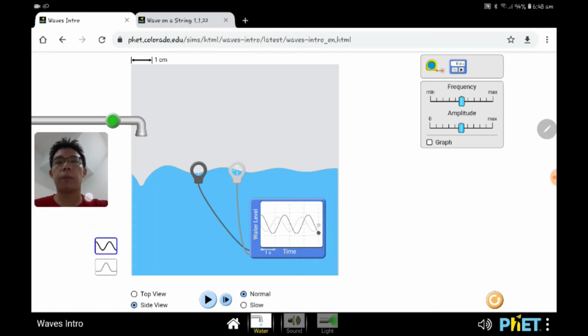For radians, in maths you already learned that 2 pi radians is one circle, so 2 pi is one complete oscillation.